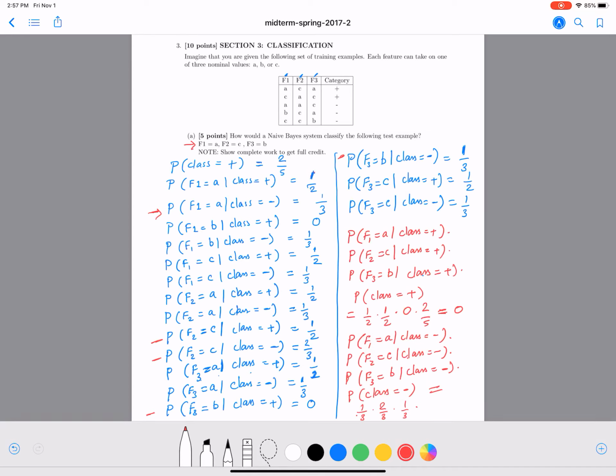Class equal to minus is 1 minus class equal to plus, which is 3 over 5.